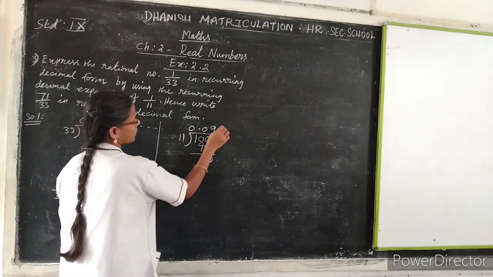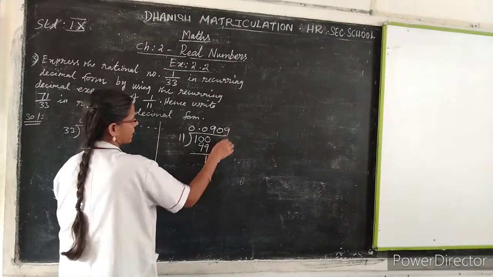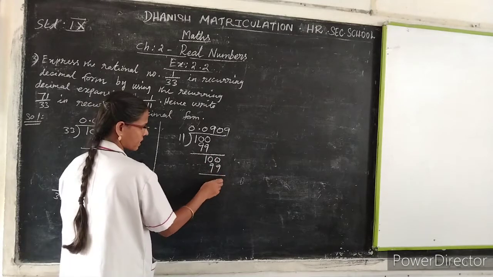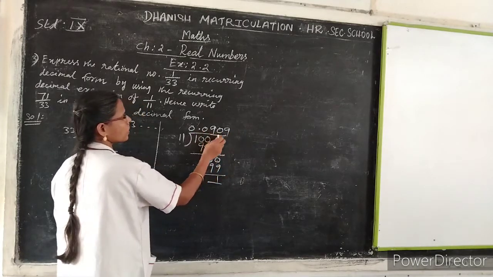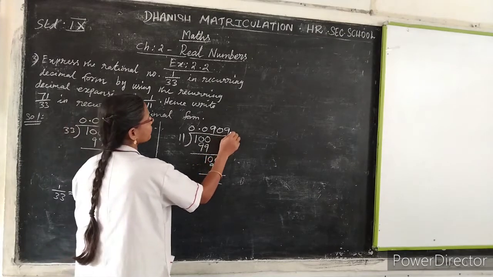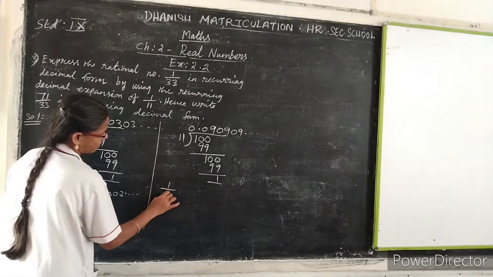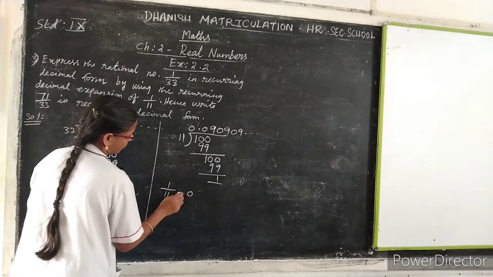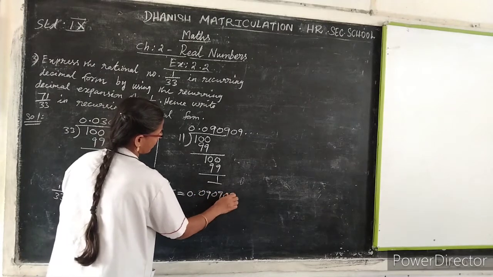Now not going, so add 0 here. One more 0 here. 9 times 11 is 99. Just like that it goes on. So 0.0909. This is repeated decimal. This 1 by 11 can be written as 0.090909 etc.